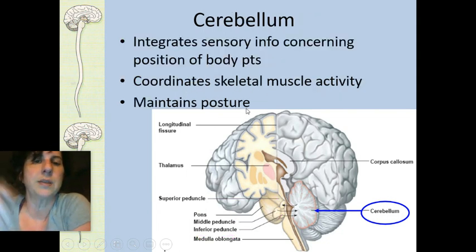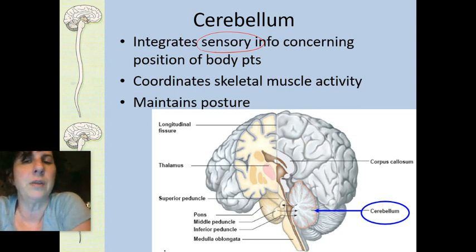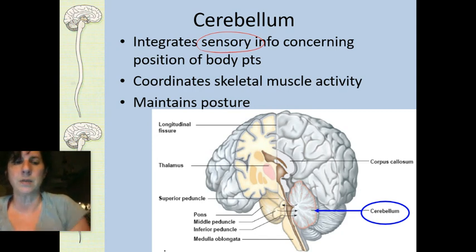The job of the cerebellum is manifold, but some of the important jobs here: take in the sensory information that you need to process. Not so much like I'm exploring the world and I touch something. This is more about the positioning of my body.